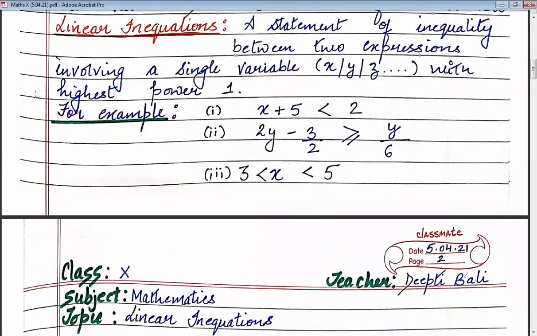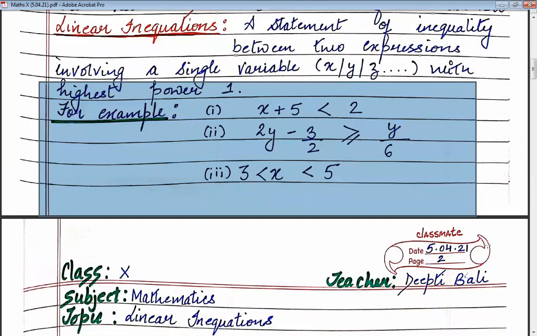Now have a look on these three examples. In the first one, we are having x plus y less than 2. I guess everyone knows why this is a linear inequation. Can you tell me? Yes, you are right, because here we are not having equal to sign.